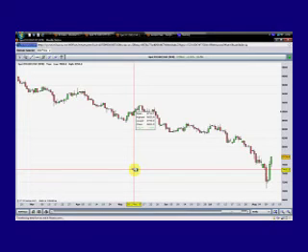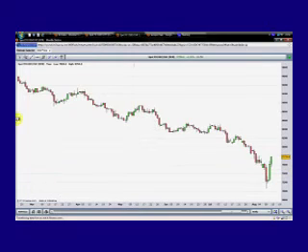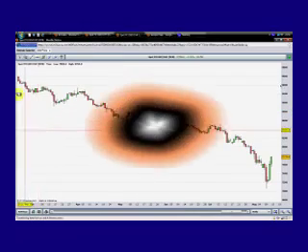Traders have difficulty understanding that sometimes you can perfectly sell these two currency pairs at the same time. In my view, at this point in time, we should be selling the Euro USD and at the same time selling the dollar Swiss franc. Normally we shouldn't, but in this case we should.